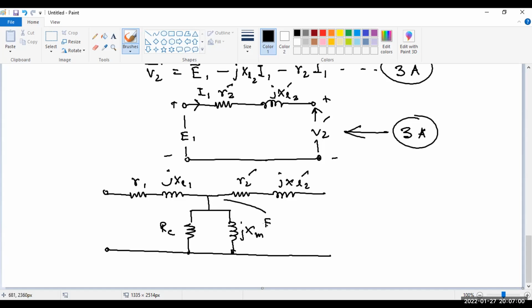So here you have E1. Here the current I0. Here this is I1. Here this is I1 prime. Here it is IC. Here it is IM. Here it is V2 prime. And here it is V1.